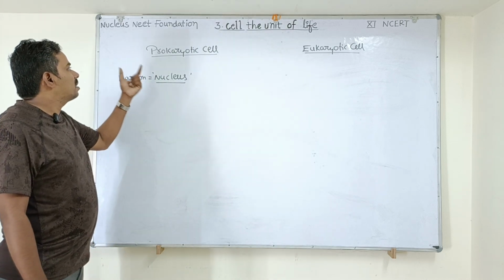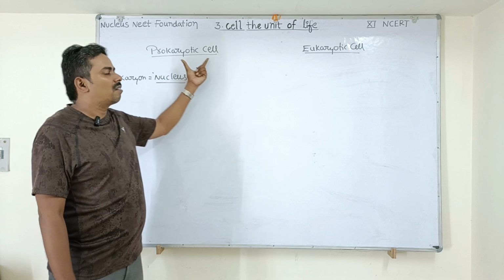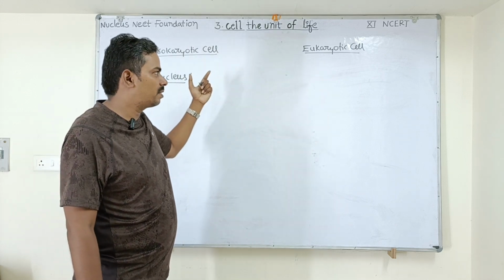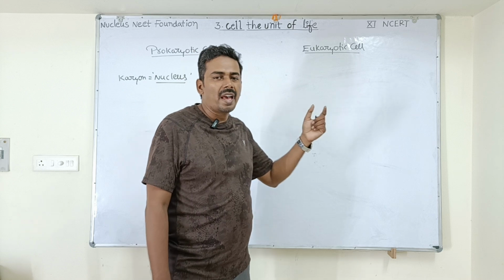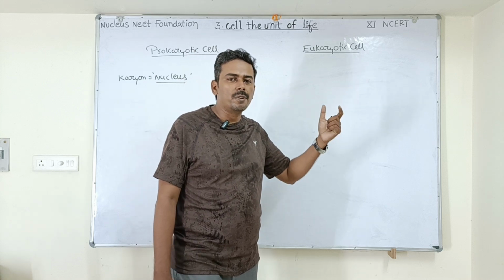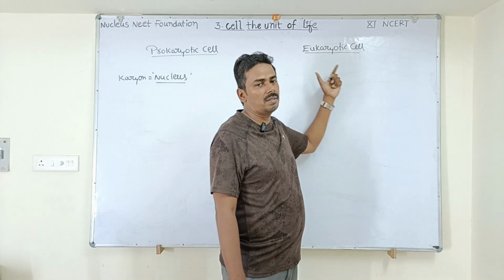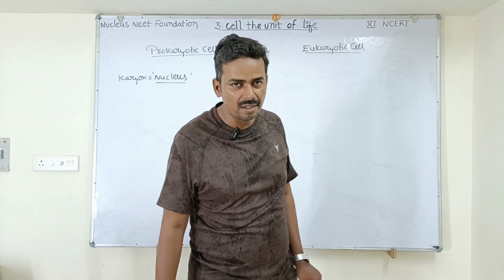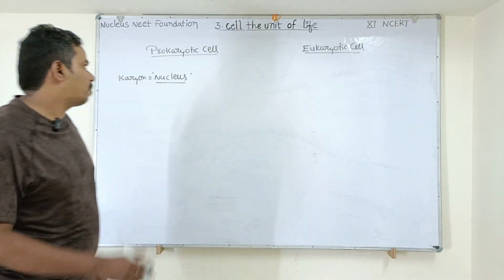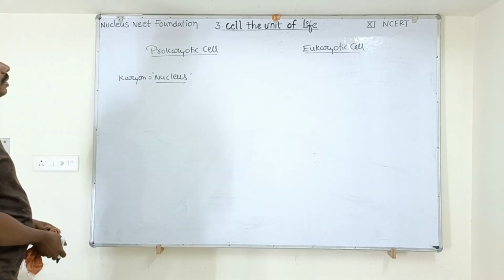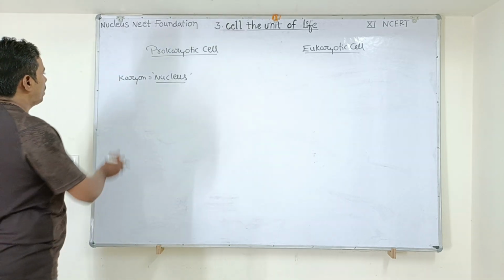So those cells which have a primitive nucleus are called prokaryotic organisms, and the cell is called prokaryotic cell. So those cells which have a well developed nucleus, a true nucleus, it is called eukaryotic cell, and the organisms are called as eukaryotic organisms. Okay, so based upon the type of nucleus, the cells can be divided into two types, prokaryotic cell and eukaryotic cell.